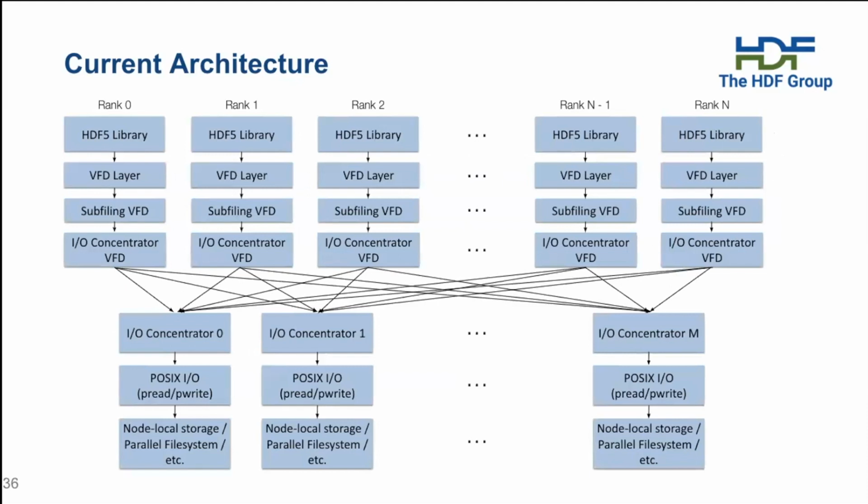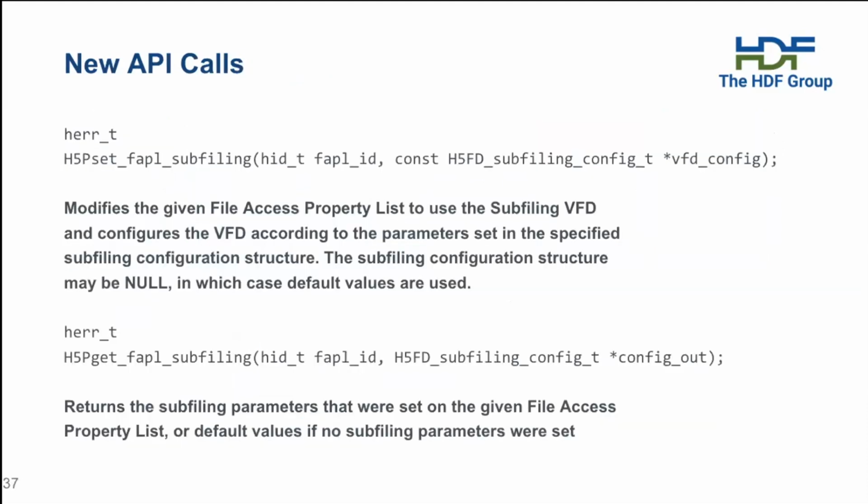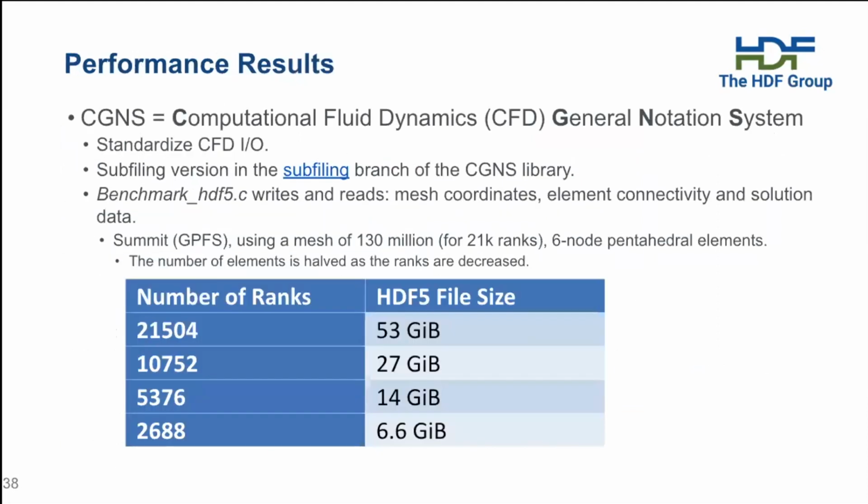Each rank has a stack of the library, then the VFD, then two nested VFDs, subfiling running on top of the IO concentrator. Then the IO concentrator gets those requests, and talks to POSIX, then down to the actual file system. Here are the API calls to enable this: H5Pset_fapl_subfiling and get_fapl_subfiling. For the details, you can look at the documentation. I've cut those slides out.